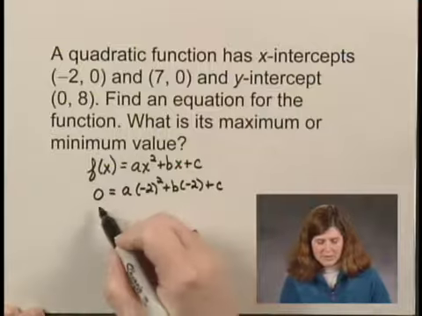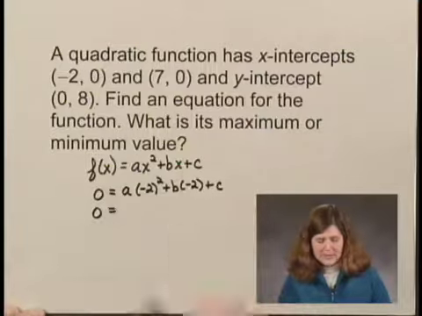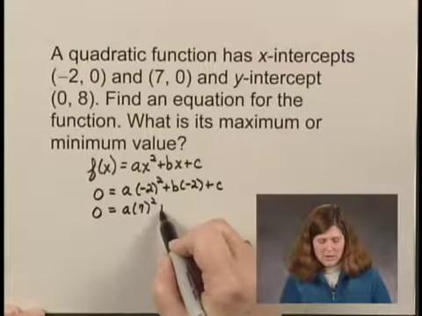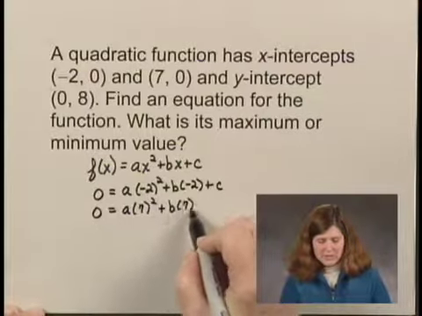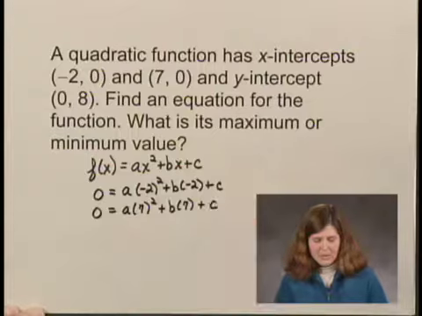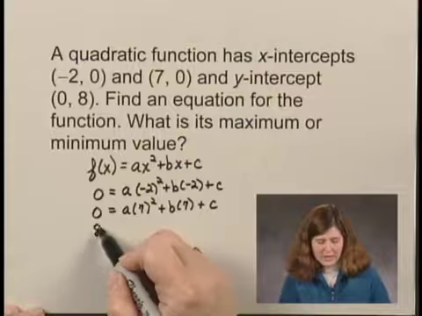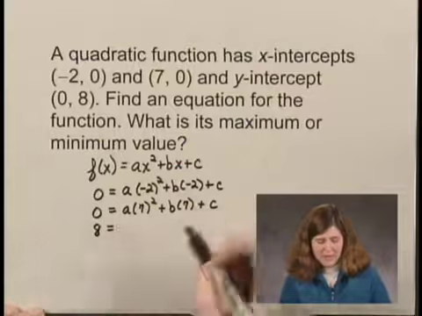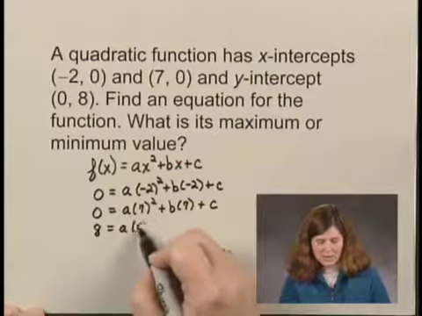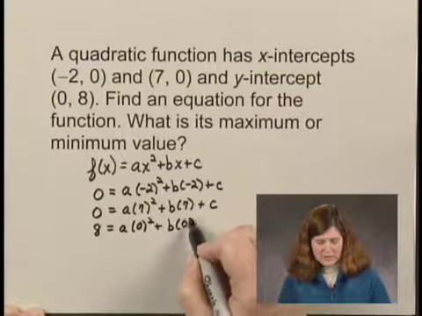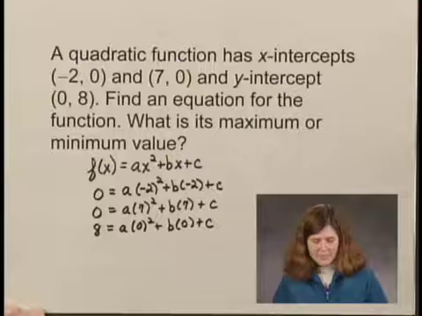Now I substitute 0 for f(x) and 7 for x. This gives me a(7)² + b(7) + c. And finally I substitute 8 for f(x) and 0 for x. This gives me a(0)² + b(0) + c.